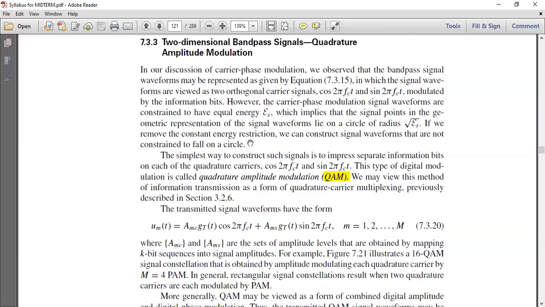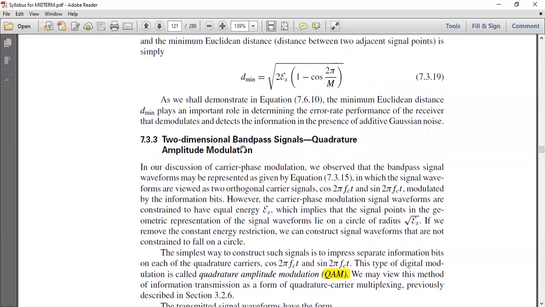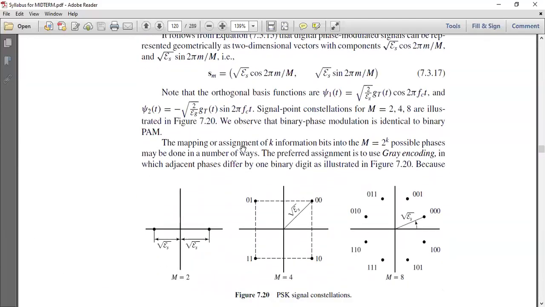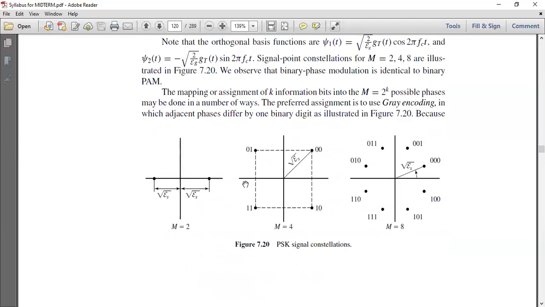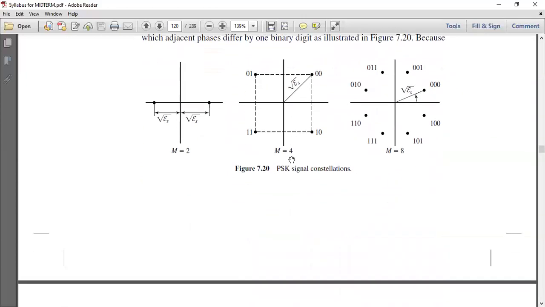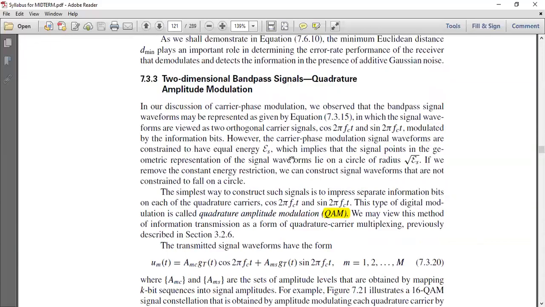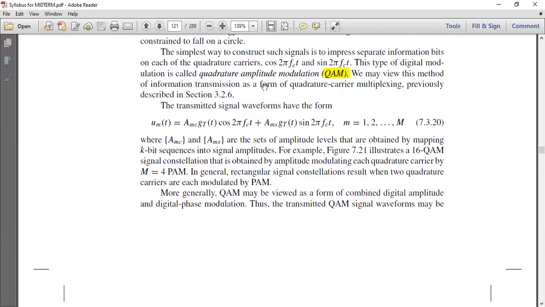If we remove the constant energy restriction, we can construct signal waveforms that are not constrained to fall on a circle. So you see the difference from PSK. They are all over a circle of this radius. So this is 8 PSK, this is 4 PSK. If we remove this restriction, then we are changing the amplitude as well as the phase.